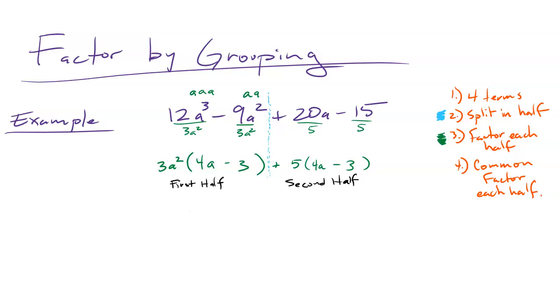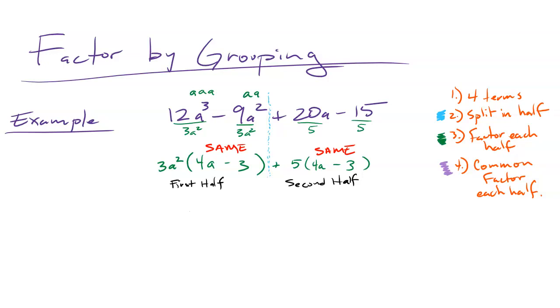Now, if you did this correct, you'll know right away if you did the problem right or not. If these 2 parentheses are the same, then things went correct. The 4th step says common factor each half.